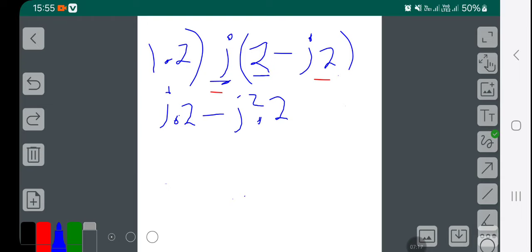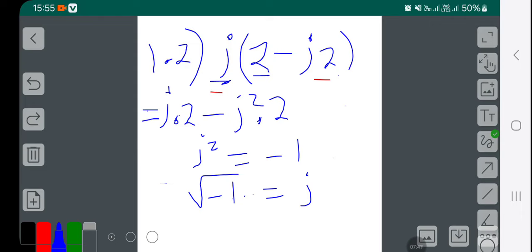Now from this step, what you must know, which is very important, is that j squared is equivalent to -1. As you know, the square root of -1 is equal to j. So you must know this, it is very important when you're dealing with complex numbers.